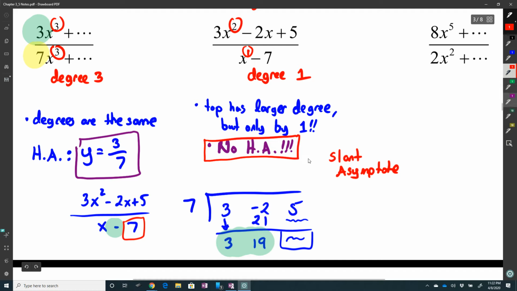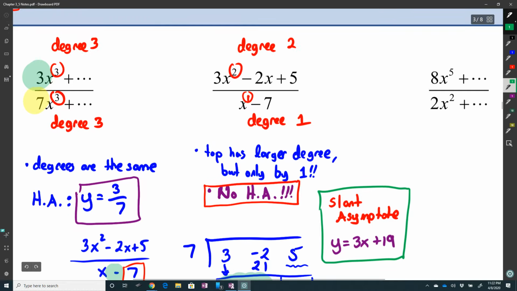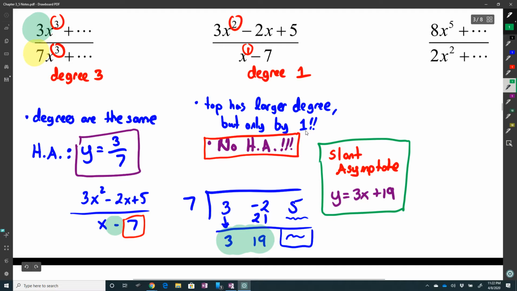That's what I was trying to talk about earlier, which is y equals 3x plus 19. Okay, it's not a horizontal asymptote. It's a slant asymptote. And again, that only occurs when the degree on the top is 1 more than the degree on the bottom. Okay, you divide, and you end up getting your answer.